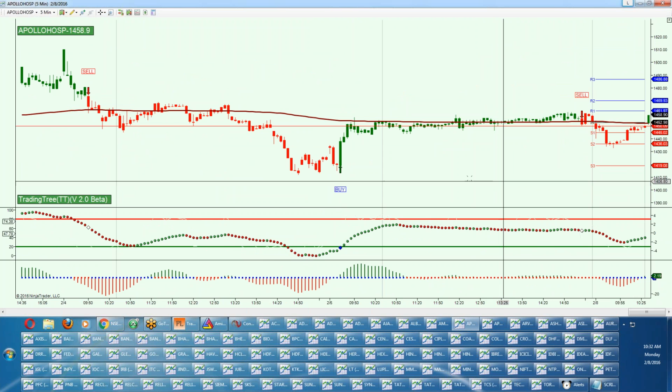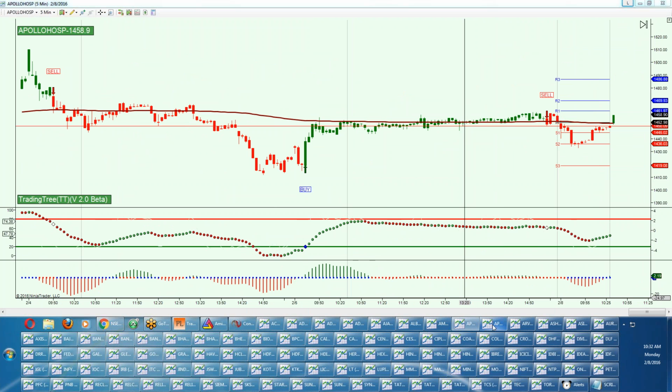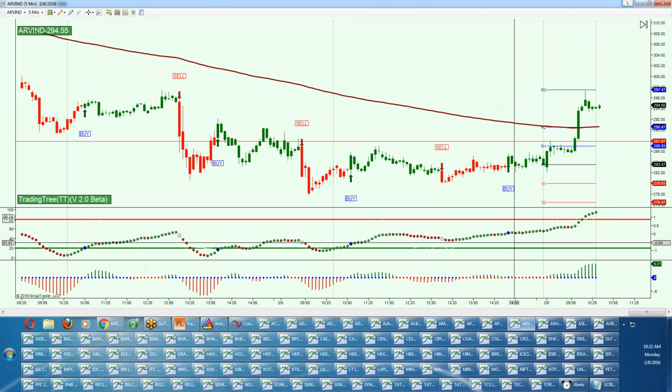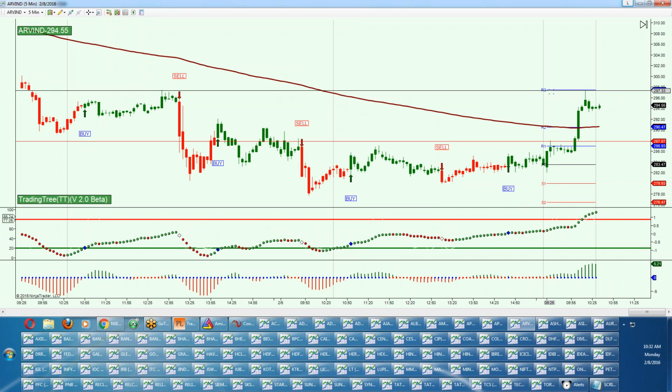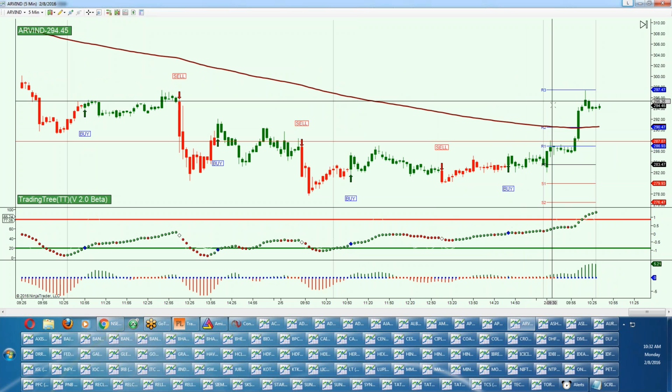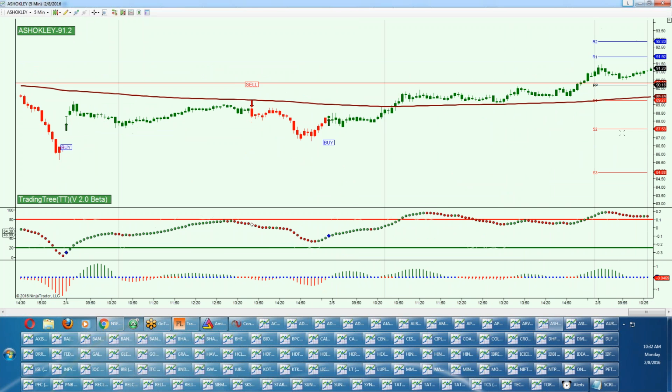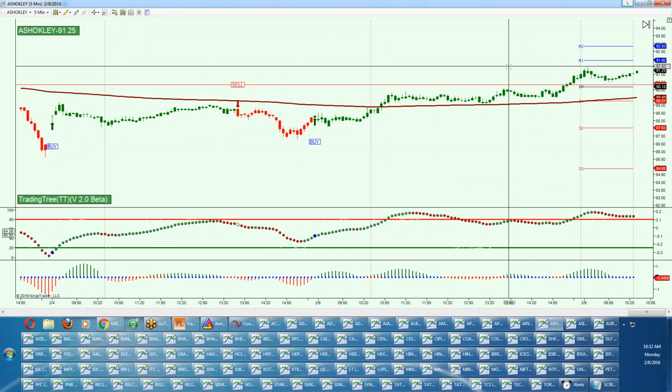Apollo Hospital will be getting a buy call. Apollo Tire, the call has triggered. Arvind, you can see that it has already done its target, that is R3. You can buy Ashok Leyland at 9150.